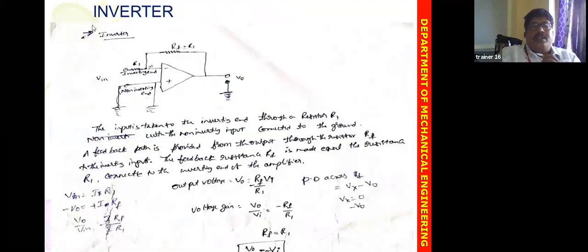These are the several applications we discussed. The inverter: the output voltage V naught is proportional to the input voltage, with a negative sign, and a feedback resistor is connected from the output to the input.